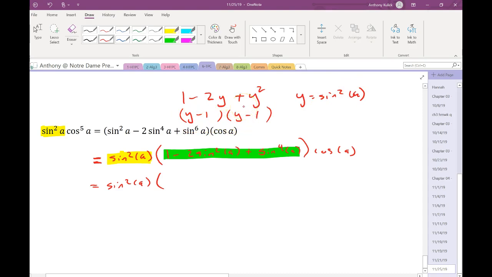How would we prefer that to be written, though? Probably prefer to have 1 minus sine squared, right? So the other option still multiplies out to give us the same thing. So if I write it that way, that's the way that I prefer to write it.